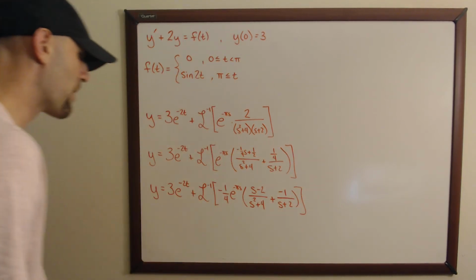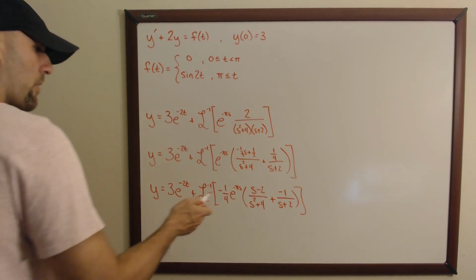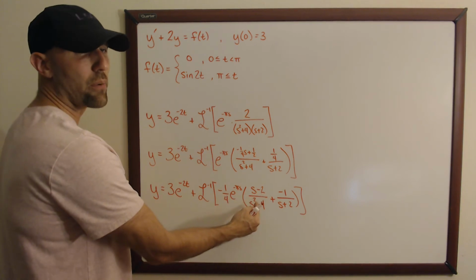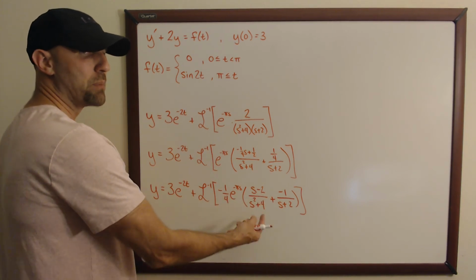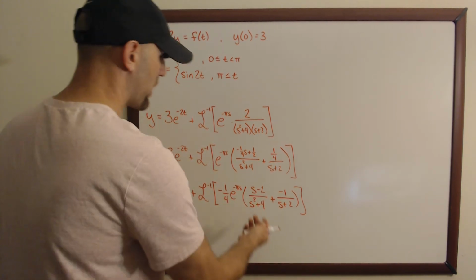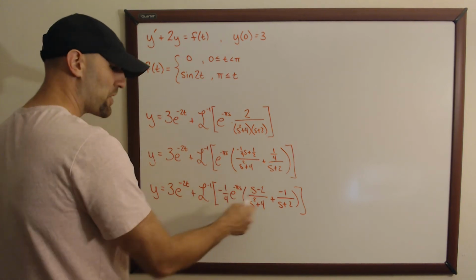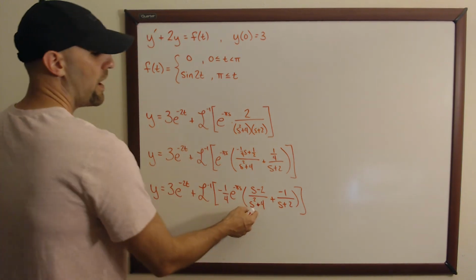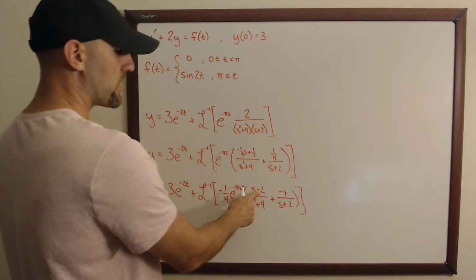I think if I rewrite this one more time, I can get us to where we're going. So remember, this is now a sine and a cosine, right? I know it's s squared plus b squared, so I know it's going to be trig functions, sine and cosine. Cosine is s over s squared plus 4. So b would be 2 if that's b squared. Sine would be 2 over s squared plus 4, so nice for us that we have a 2.